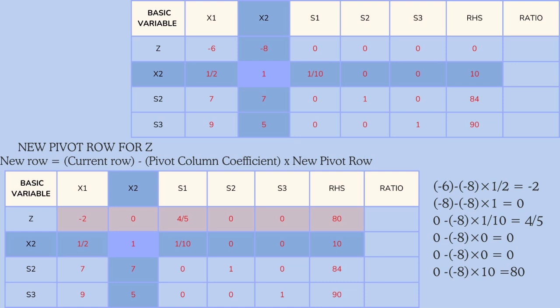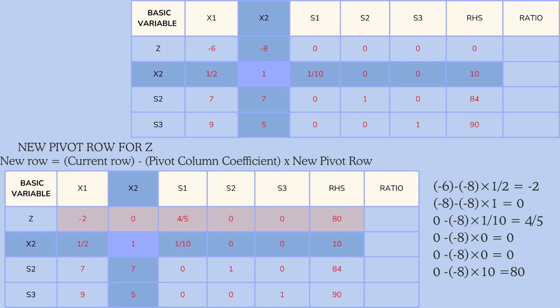So, tip lang dito: sa lahat ng isi-solve mo sa may pivot column, which is yung sa X2, yung negative 8, 1, 7, 5, lahat yan kapag sinolve mo, always 0 ang sagot.